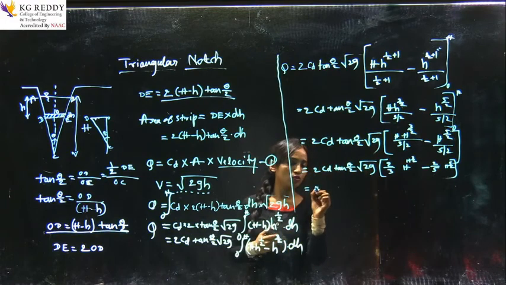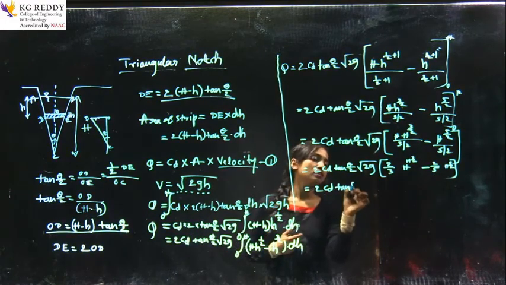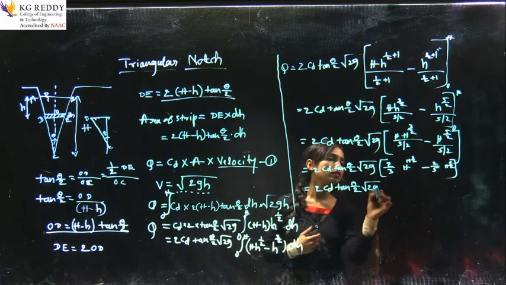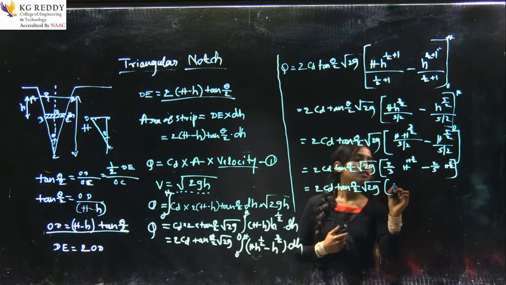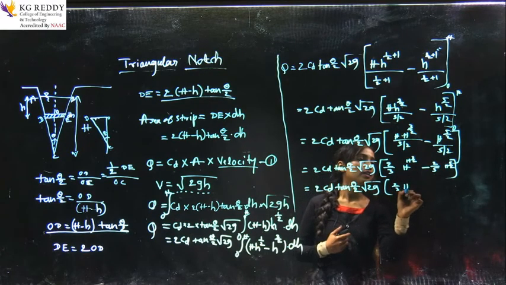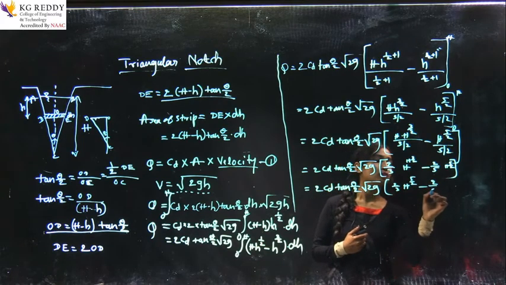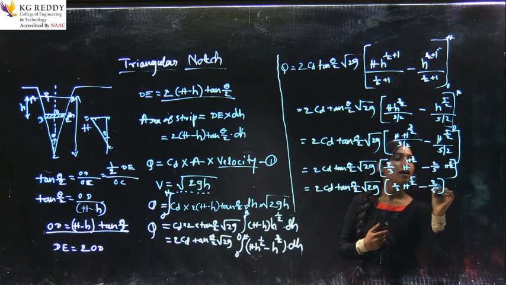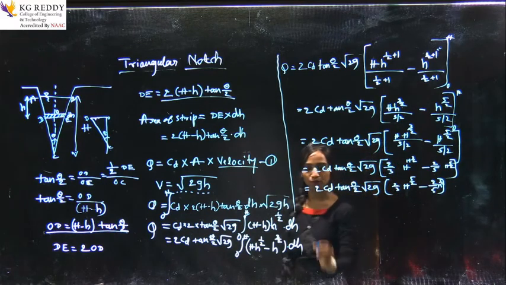Just simplifying, no new terms or new substitutions are coming here. Now, this is 2 by 3 into H raised to 5 by 2, minus 2 by 5 into H raised to 5 by 2. Here also H raised to 5 by 2.